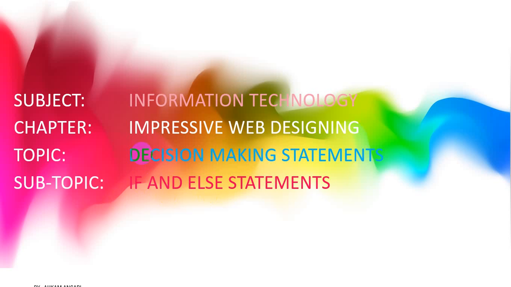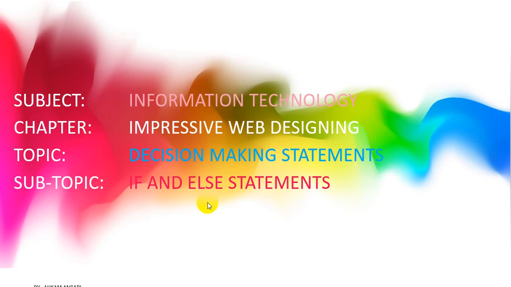Means if and else are two statements which are used in decision making. On a certain condition, if the condition is true, then the if block will execute, and if the condition is false, then the else block will execute. We will see how we write the else block and how we write the if block.